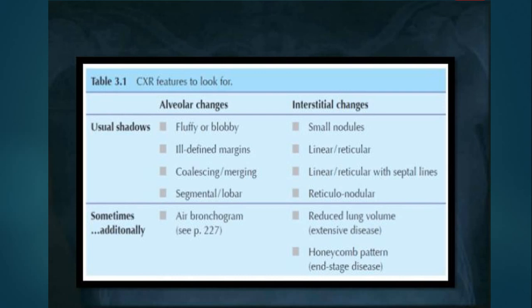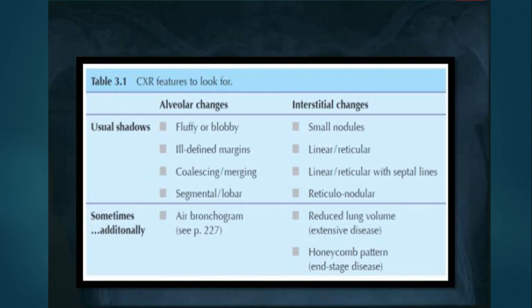The distribution in the airspace disease is either segmental, involving some segments of the lung, or lobar, involving a lobe or more of the lung, while the interstitial changes are more widely scattered. They are reticulonodular in appearance.